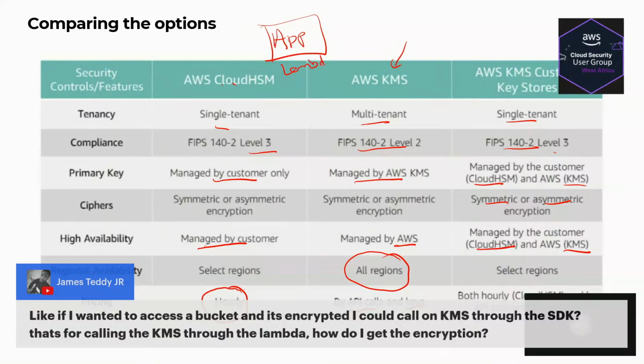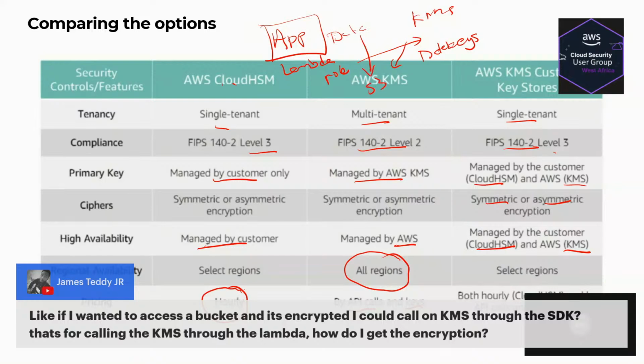You've given that Lambda function a role, and that role has permission to generate data keys in KMS. So what your application can do is make a call using the role to KMS to generate a data key, and then retrieve that data key to encrypt data before storing that data in S3.